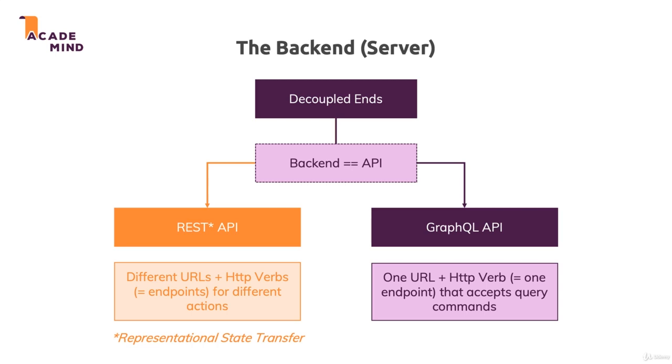Now, in both scenarios, we execute code on the server, and in both scenarios, we don't directly talk to the database. GraphQL and query commands, that might all sound a bit like we're already talking to a database, but always keep in mind, from your React app, you always send requests to your Node-Express app, no matter if that's built as a REST API or a GraphQL API.